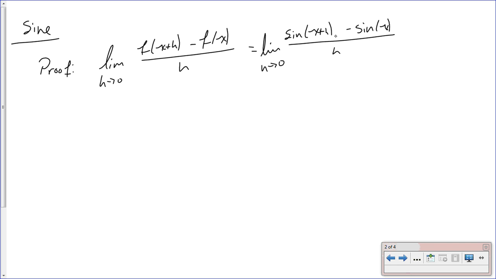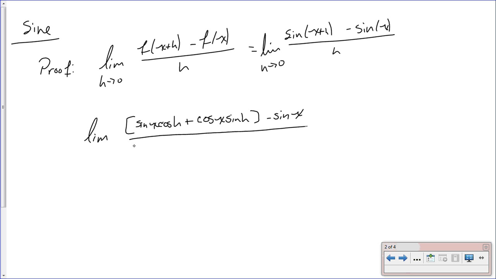And now, if you were to expand this, there is actually a rule to expand this. If you were to expand it, it would be the limit of the sine of x cosine of h plus the cosine of x sine of h minus the sine of x all over h.